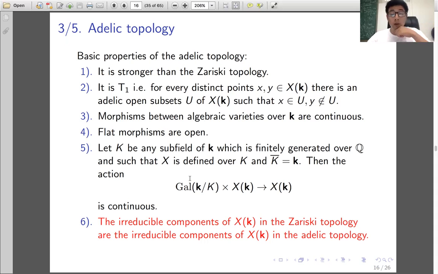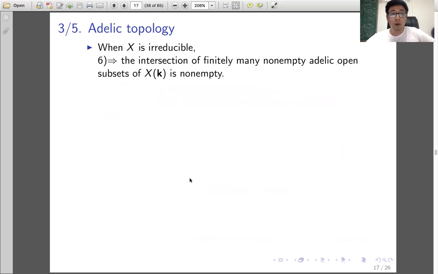The properties 1 to 5 are not so difficult, and for our application, the last one is the most important one. For example, if X is irreducible, then property 6 implies that the intersection of finitely many non-empty adelic open subsets of X is still non-empty.